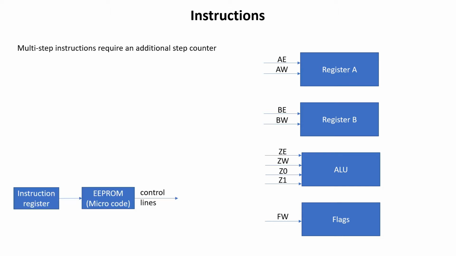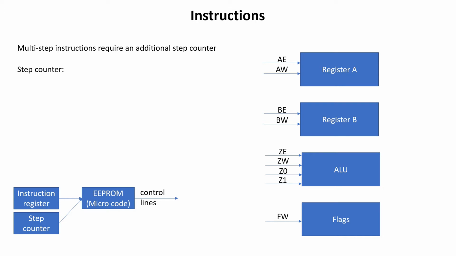Those multi-step instructions require an additional step counter so that we can say which instructions have which step, and that step counter is just added to the address lines of the EEPROM, so that the address lines are set by the current instruction and the current step of the instruction.